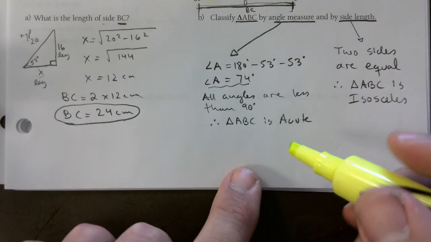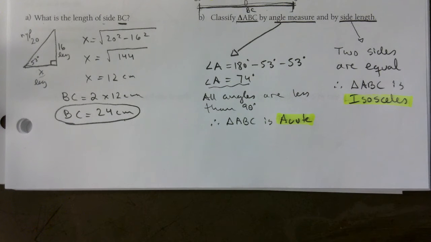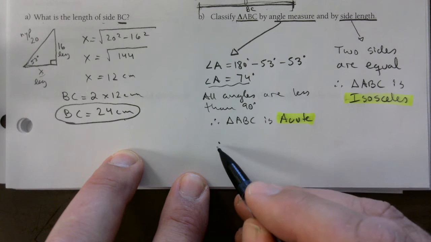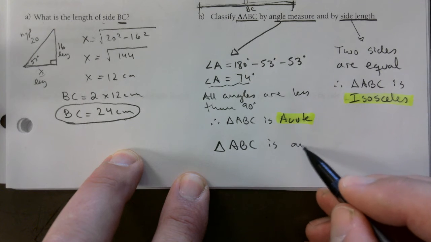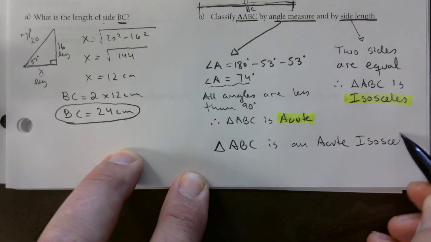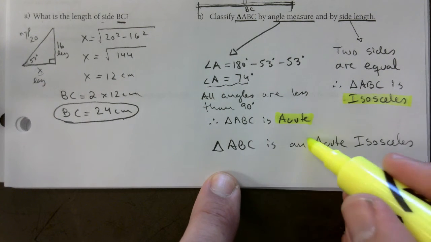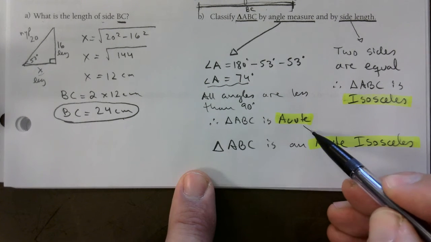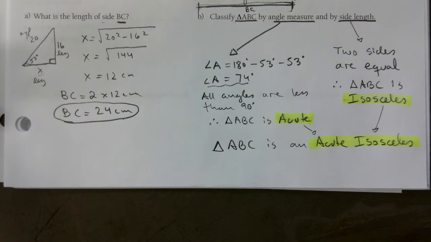So we concluded that it's acute by angle and isosceles by side length. So to conclude, triangle ABC is an acute isosceles. It's an acute isosceles triangle. So we basically put together these 2 names, and that's how you name it correctly.